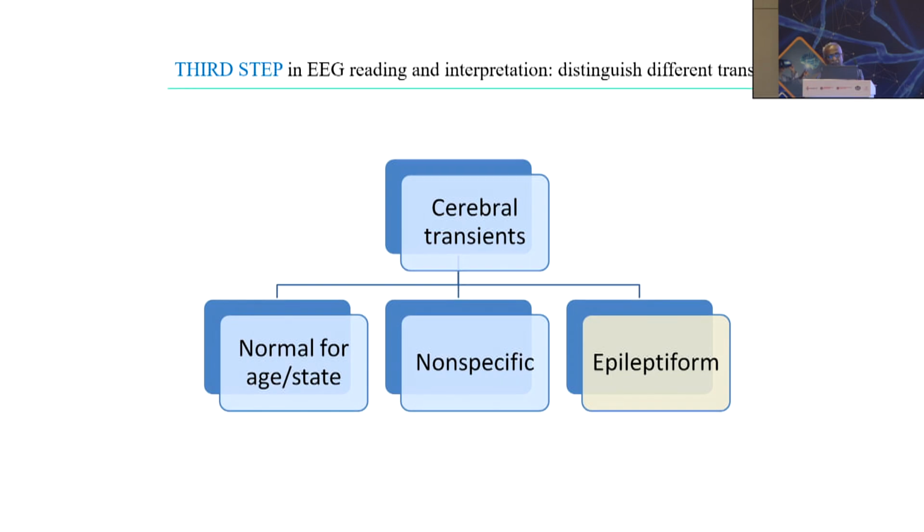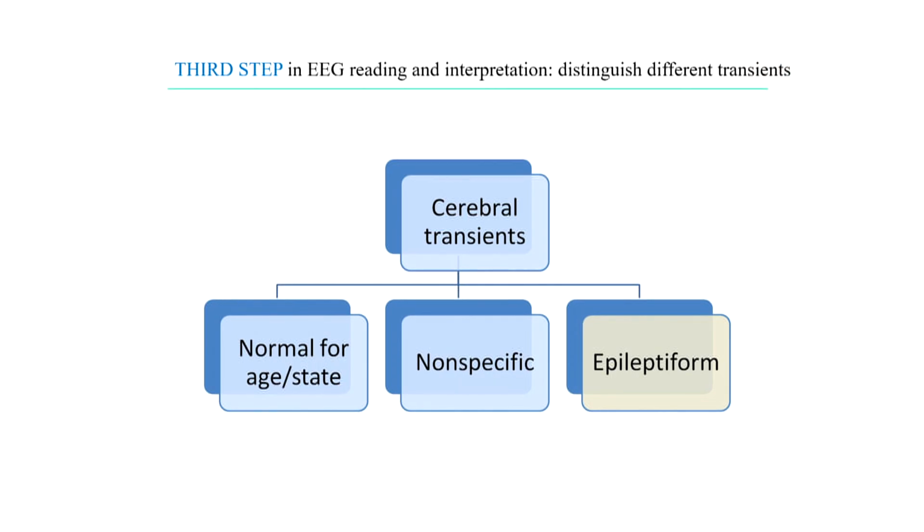And once you conclude that these are cerebral transients, step 3 is to say whether this is normal, non-specific, or epileptiform. Majority of the transients you have seen are physiological, like you saw the lambda, the POSTs, the V wave, K complexes. These are all transients which are standing up against the background.